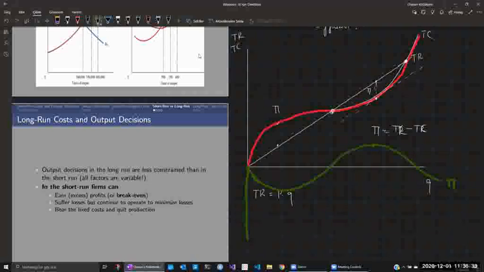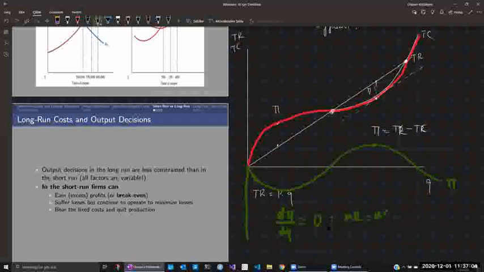So what I'm trying to find is the point where the derivative of the profit is equal to 0, which is exactly the same as here. And I found that it's given when marginal revenue is equal to marginal cost. The slope of total revenue was marginal revenue, and the slope of total cost was marginal cost.